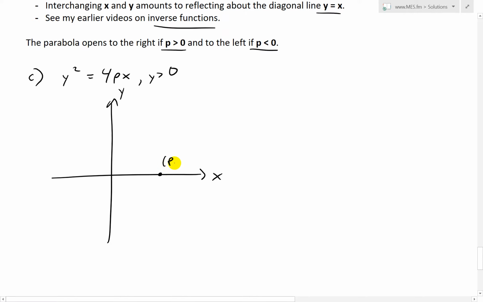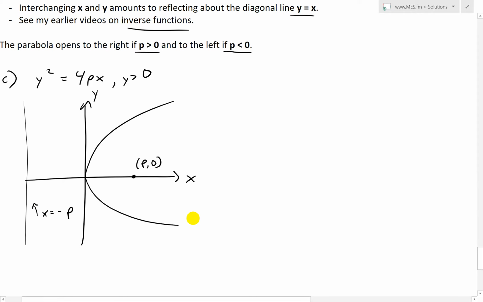That's our (p, 0). Then x equals negative p is going to be on this side here. It's a vertical line, x equals negative p, like that. So then this opens up this way. There's our parabola.